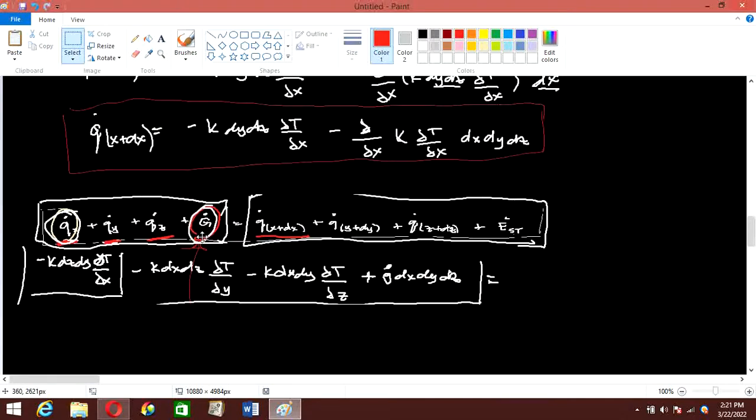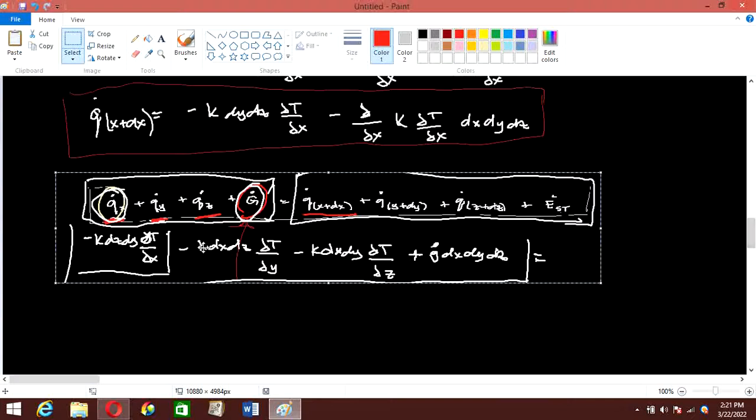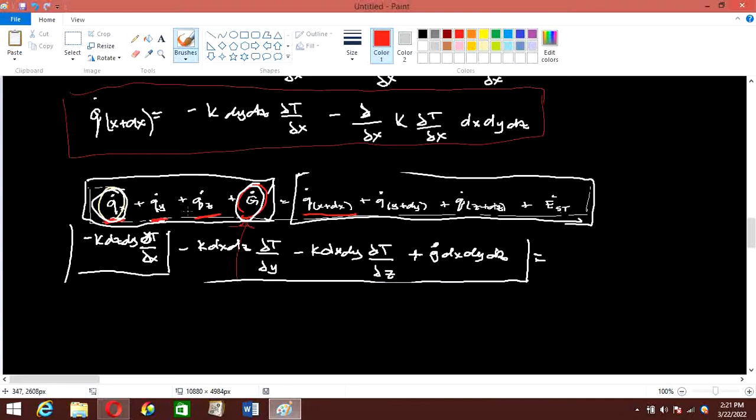So we already have this expression, right? We already solved the left side, and like what we have said, we are now dealing with this right side. So this q dot x plus dx is now equal to this one, right?